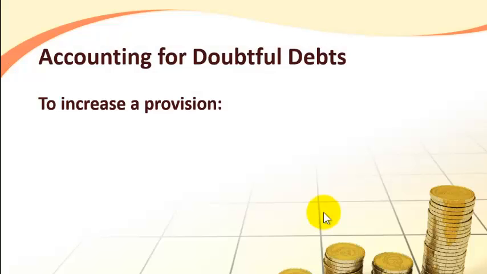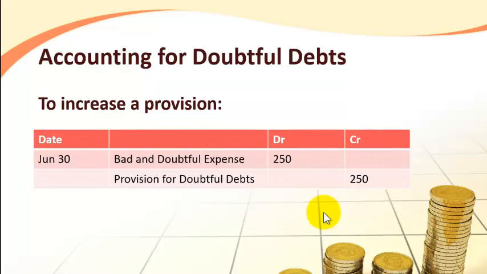In order to make a provision, we have to write a general journal entry. In this instance, we debit bad and doubtful debts expense. I'm just making this up, $250, and we create this account, provision for doubtful debts, and I'll show you in a moment where it gets allocated on the balance sheet.